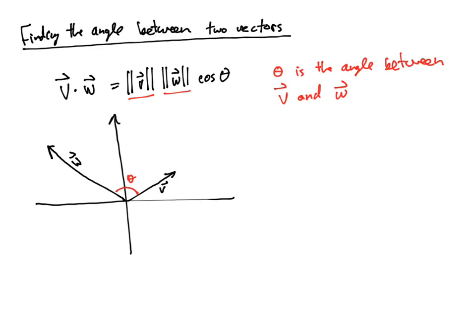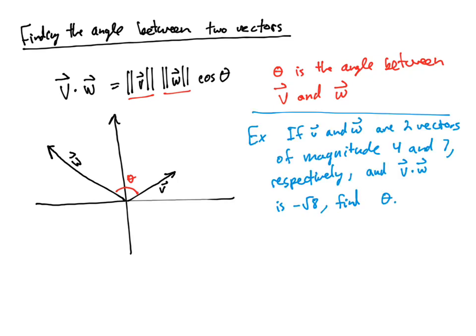So let's look at an example of how this works. All right, so we have if vector v and vector w are two vectors of magnitude 4 and 7, and v dot w is negative square root of 8, find theta, and that's just the angle in between. So all we need to do is we're just going to use this formula up here. So v dot w, we know what that is. That's negative square root of 8.